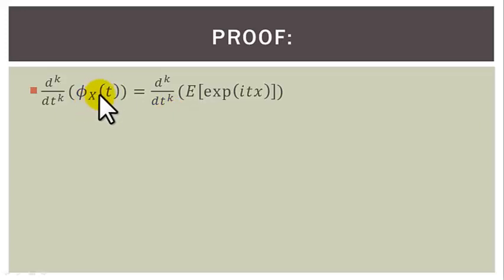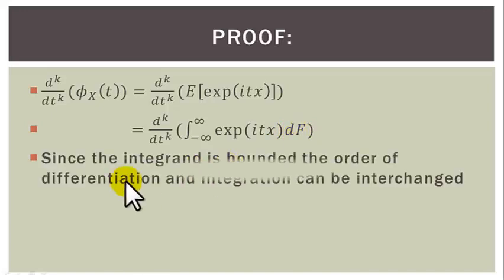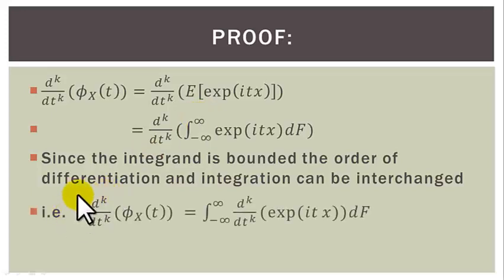Please recall that the characteristic function φ_X(t) is defined as the expectation of e^{itX}, and this is equal to the kth derivative with respect to t of the integral from minus infinity to infinity of e^{itx} dF, since we are integrating with respect to the distribution function F. Since the integrand is bounded, we can interchange the derivative sign and the integral sign, so that the kth derivative of our characteristic function with respect to t will be equal to the integral from minus infinity to infinity of the kth derivative of e^{itx} dF.